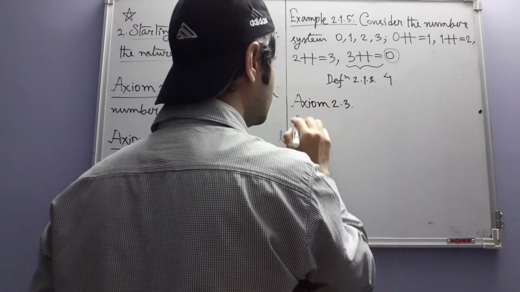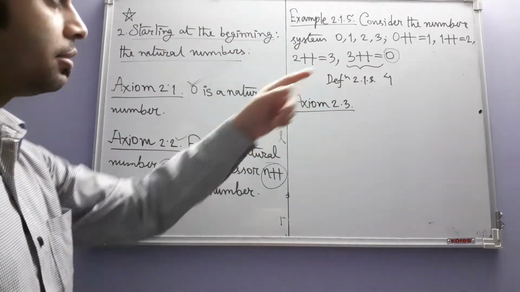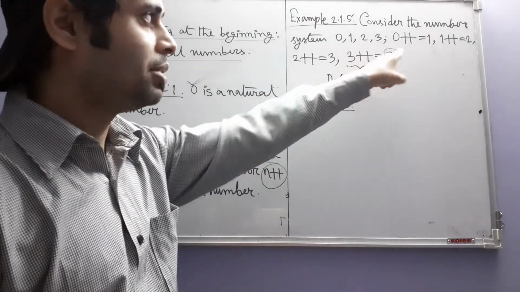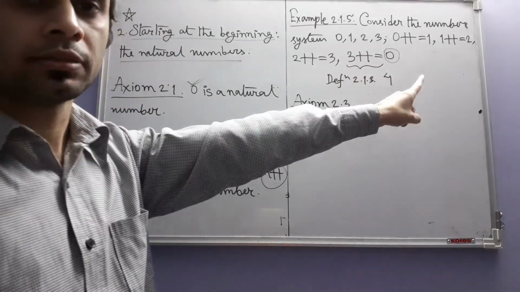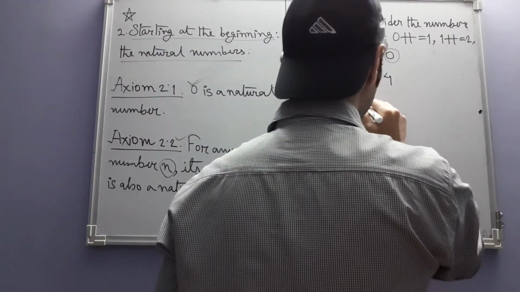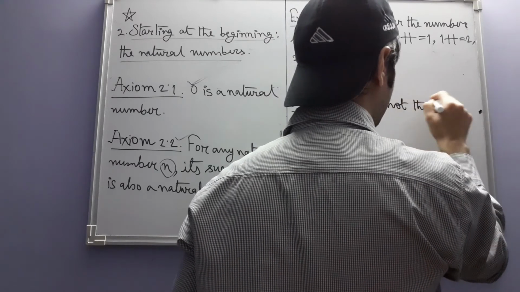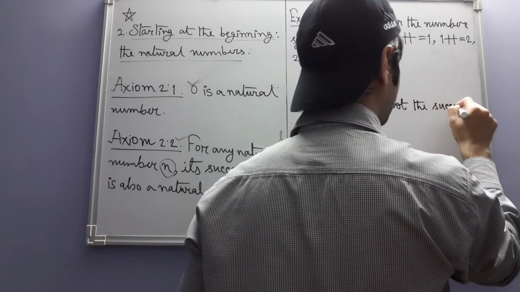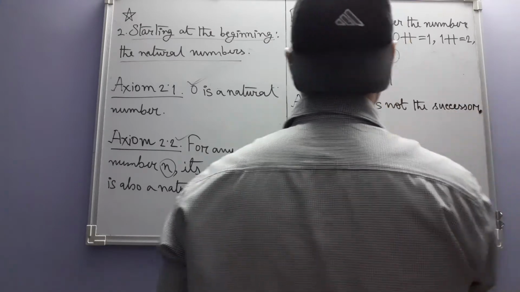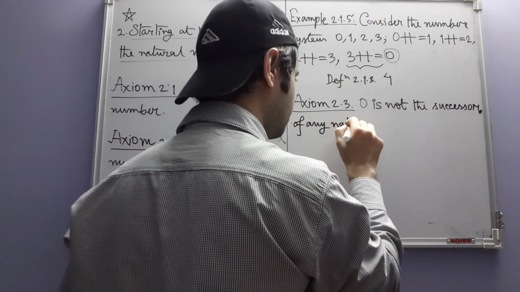Axiom 2.3. We don't want 0 to appear anywhere as the successor of some element. So that is our axiom. 0 is not the successor of any natural number.